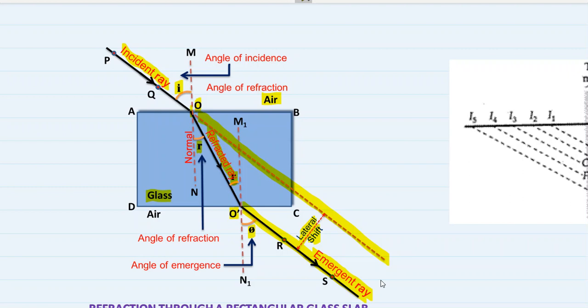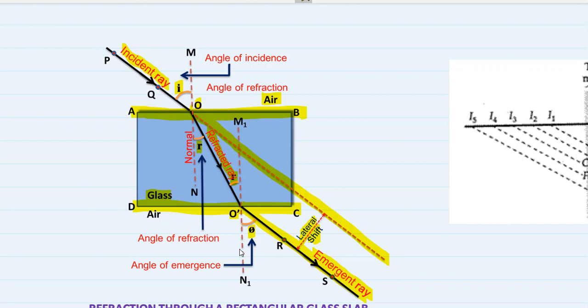Okay. So how does that happen? This happens because of these two parallel sides AB and CD of the transparent glass slab. Because of the parallel sides of the glass slab, when the incident ray of light exits from the other side, it emerges out as an emergent ray which is parallel to the original direction of the incident ray.